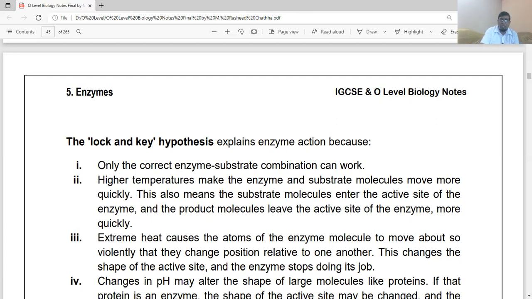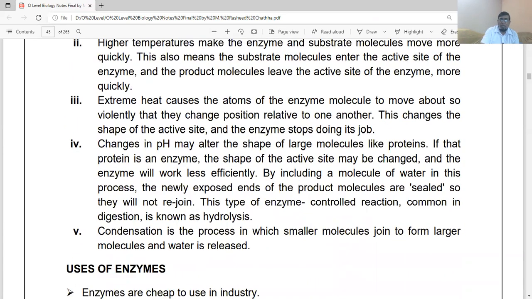Now, a change in pH may alter the shape of large molecules like proteins. If the protein is an enzyme, the shape of the active site may be changed and the enzyme will work less efficiently. By including a molecule of water in this process, the newly exposed ends of the product molecules are sealed, so they will not rejoin.